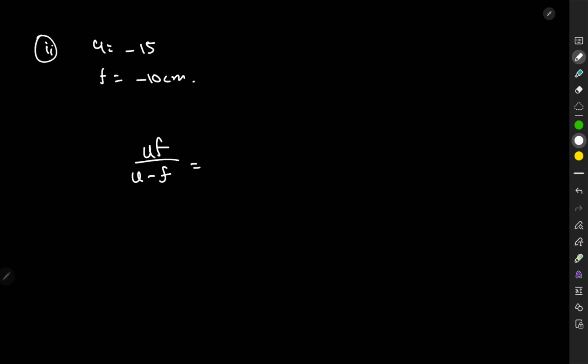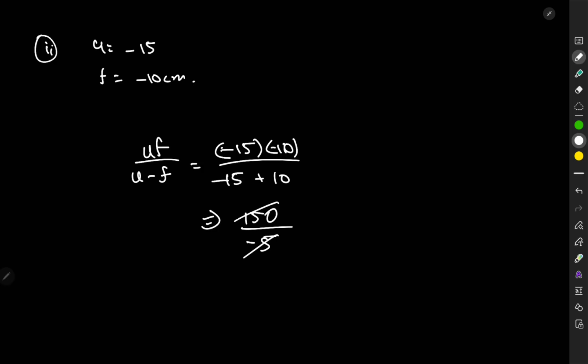So u f is minus 15 times minus 10, by u minus f, which is minus 15 plus 10. Minus minus gets cancelled, 150 divided by 25, 5. What will you get? Minus 30.